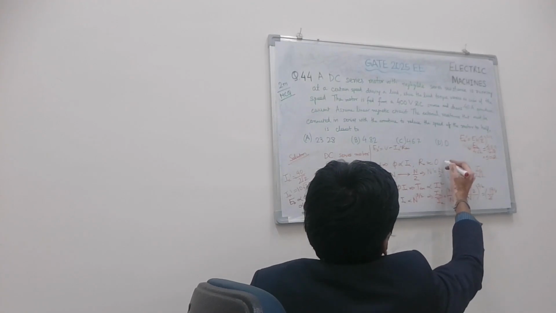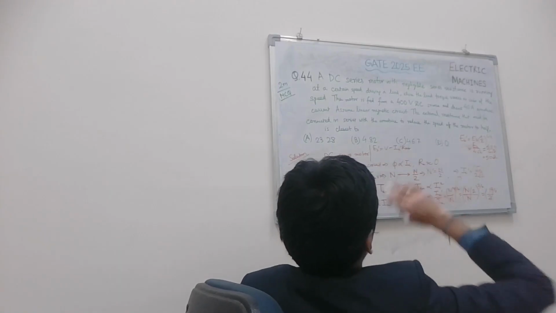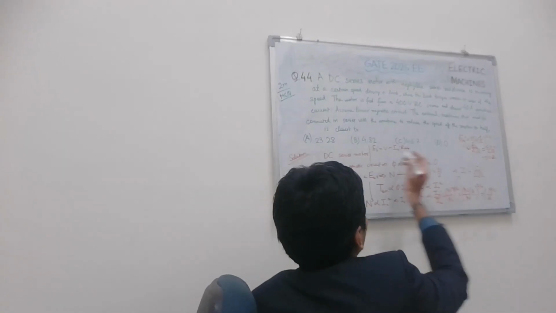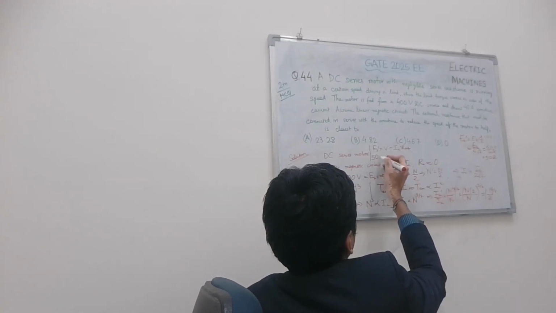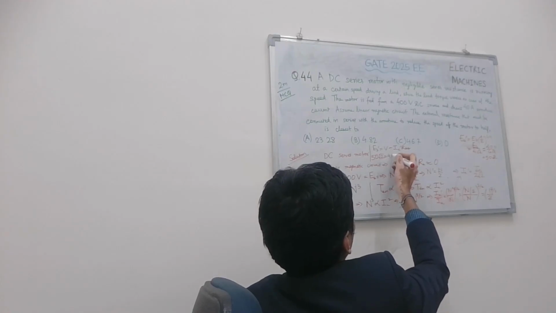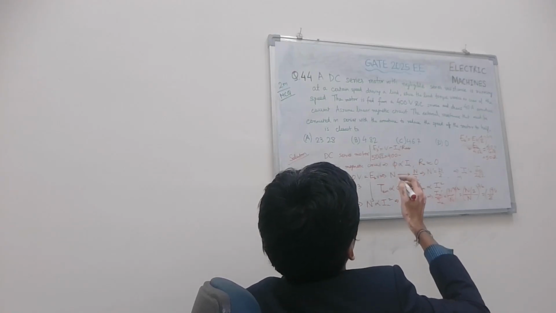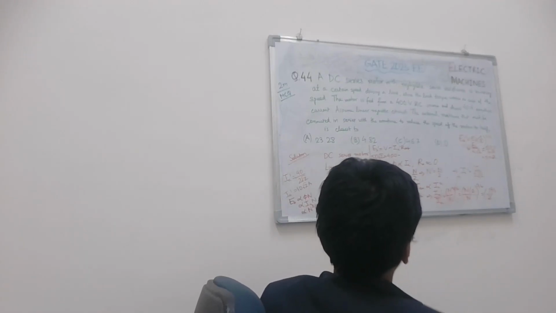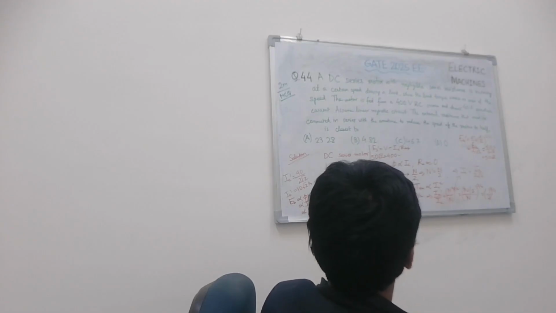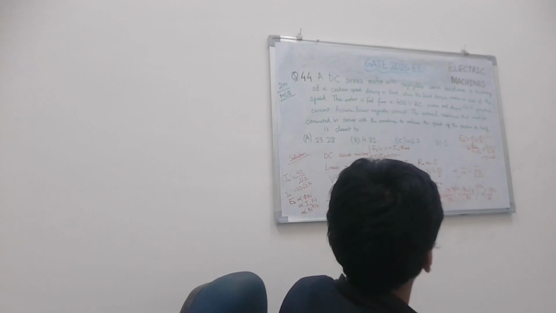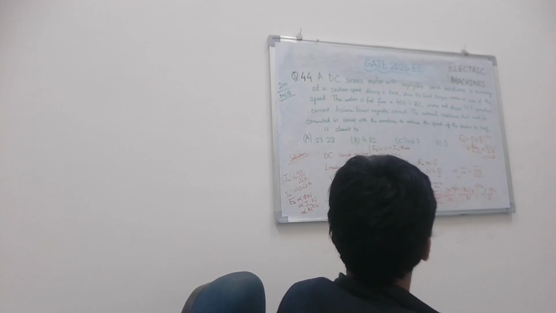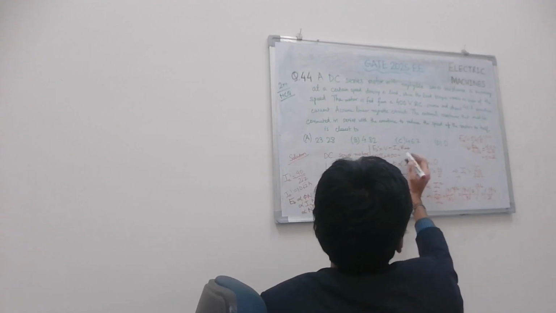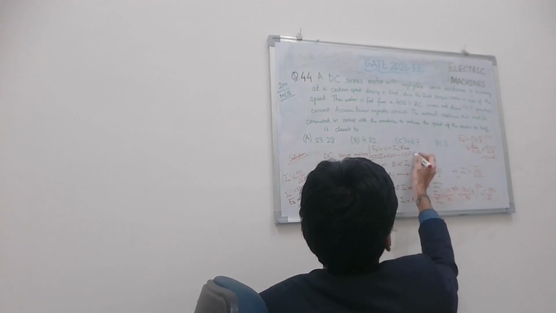Ra is 0, but there is some R external that needs to be connected in series. So if you put Eb prime as 50 root 2 equal to 400 minus Ia prime, which is 10 root 2, times R external.